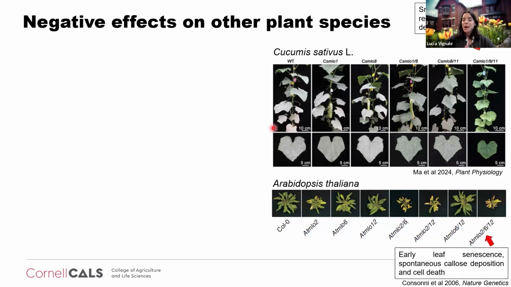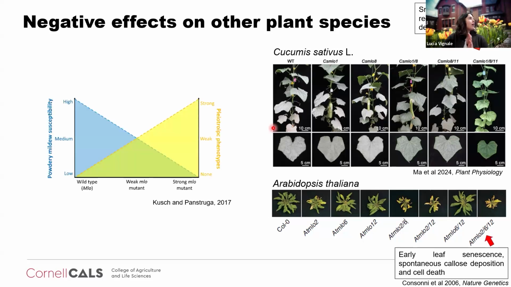So if you're thinking about incorporating these mutations to confer a lack of susceptibility to powdery mildews in your crop, you don't want these effects. You want to check that this is not going to happen, especially from a yield perspective.